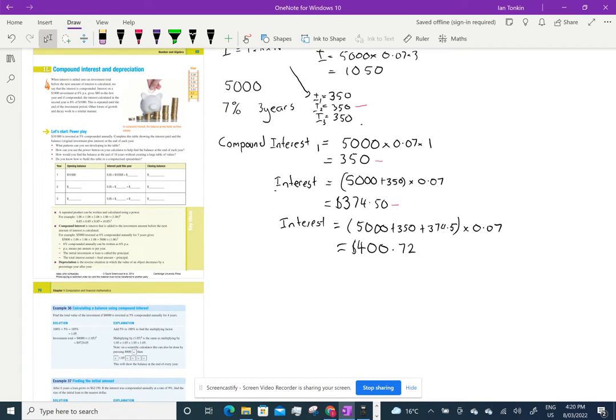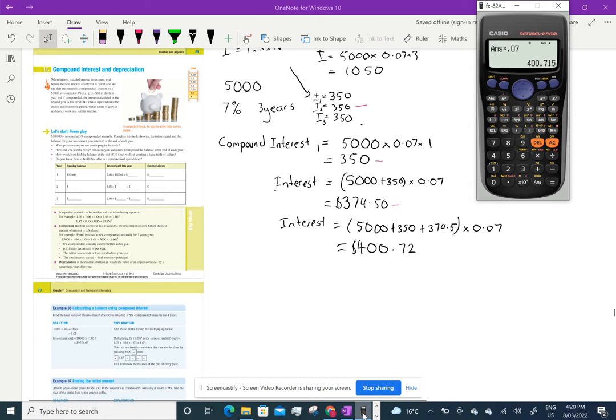Now, you can do that on your calculator again and again and again if you know what you're doing. So here we go, watch this. What do we do? 5,000 times 0.07, but to find out how much money's in there, I've got to add that 5,000 to it.